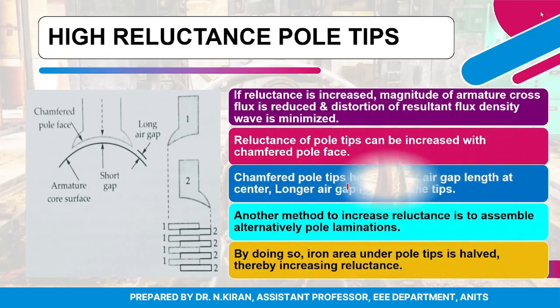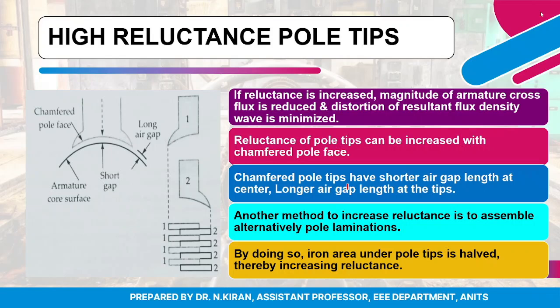So that is one way of maintaining high reluctance pole tips, thereby reducing the flux density. As I told you, by doing that the reluctance is increased and the armature flux magnitude gets reduced, thereby the distortion of the flux density waveform is also minimized.